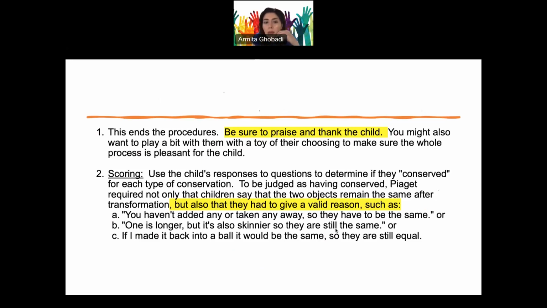But if they say something else, rejecting the idea that the Play-Dohs are the same, it means they didn't conserve the task, so you have to deduct some points.